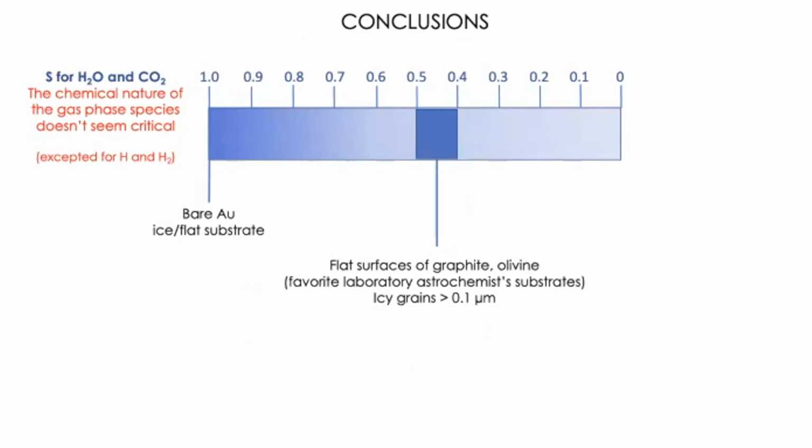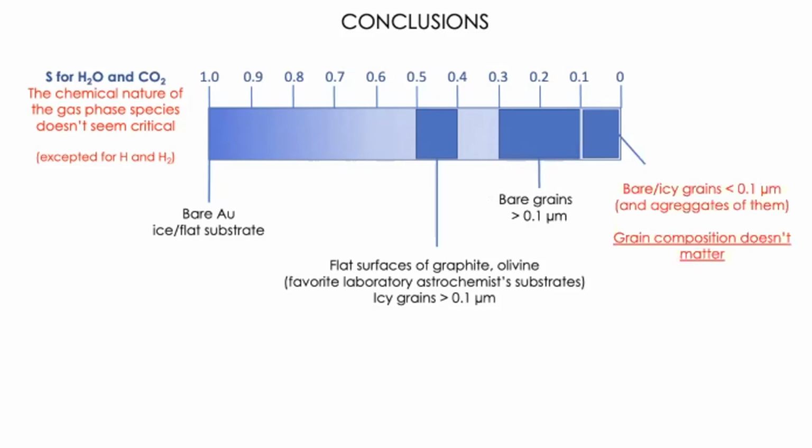It's closer to 0.5, 0.4 on the favorite laboratory astrochemist substrates like graphite or silicates, and also on icy grains that are, say, submicron in size. But for bare grains, it's closer to between 0.1 and 0.3, and for nanograins, whether they are bare or icy, actually the sticking coefficient is very low, 0.1 for water, 0.04 for CO2, and the grain composition doesn't matter.